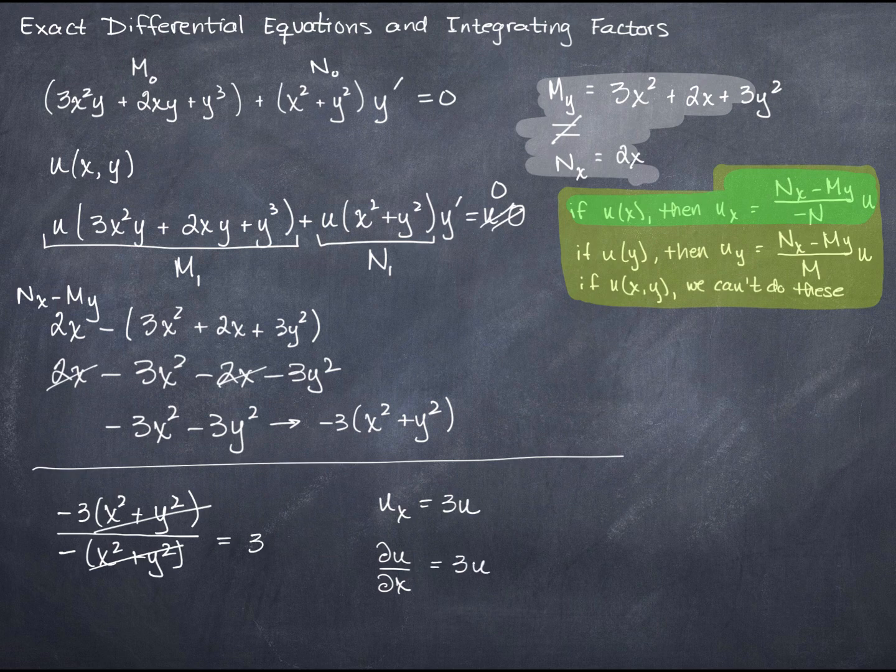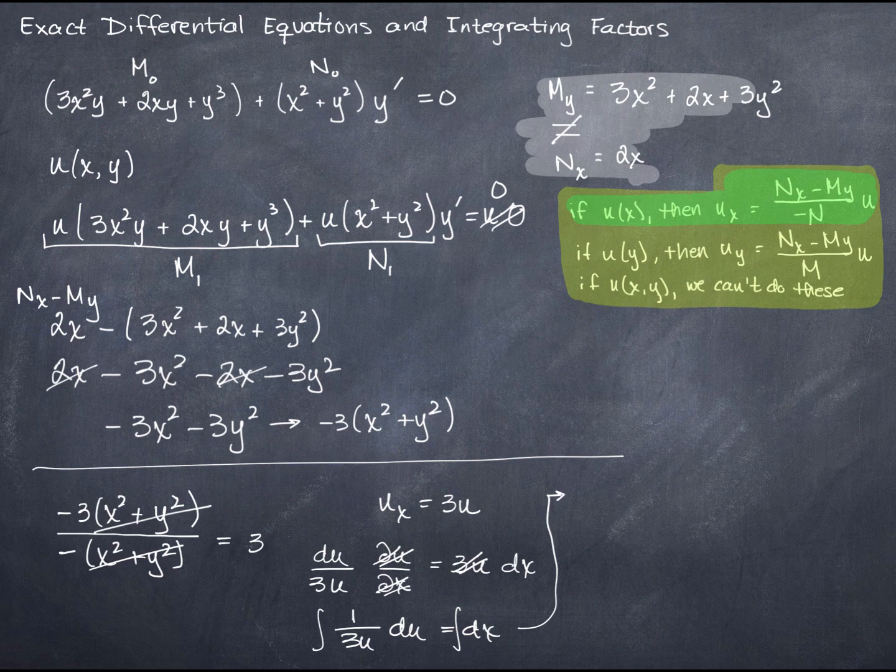Well, we know how to solve those, right? Multiply both sides by dx, divide both sides by 3u, so I get du over 3u. And so my new equation is 1 over 3u du equals dx. And that I know how to solve, right?